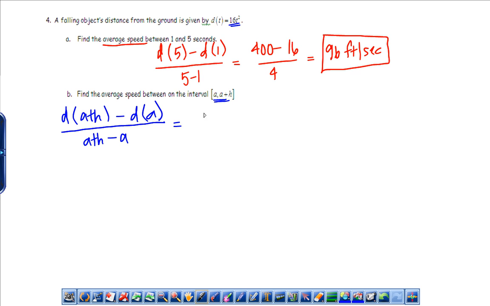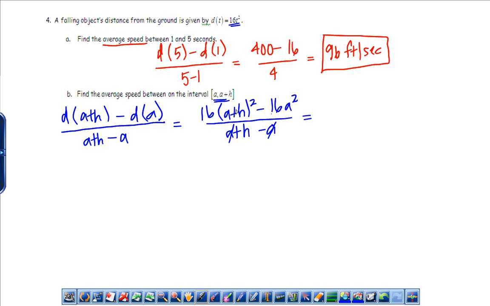If you plug this in, that gives you 16 times (a plus h) quantity squared, minus 16 a squared, over a plus h minus a. I'm not going to keep writing this each time because my a's cancel, so I'm just going to leave an h on the bottom. Hopefully you've seen this before. It looks kind of familiar.